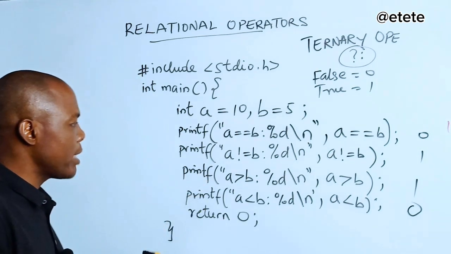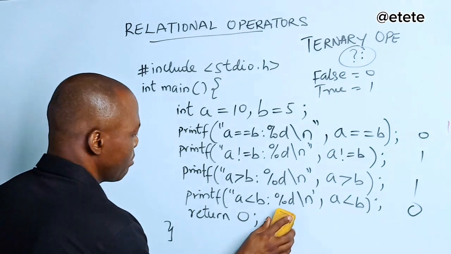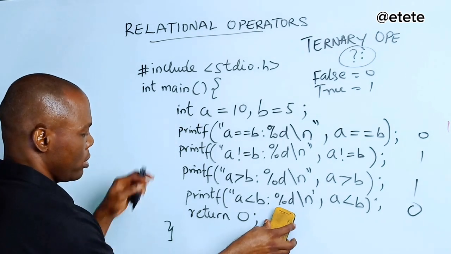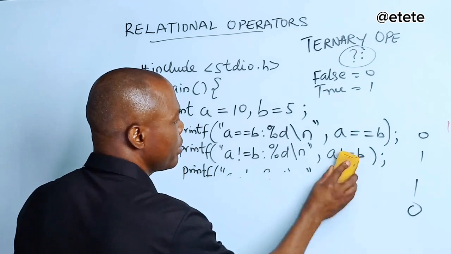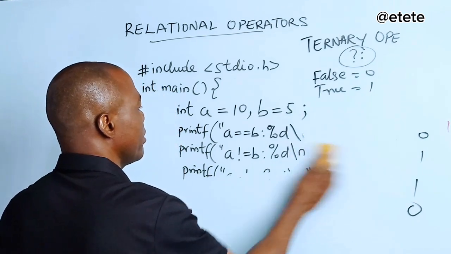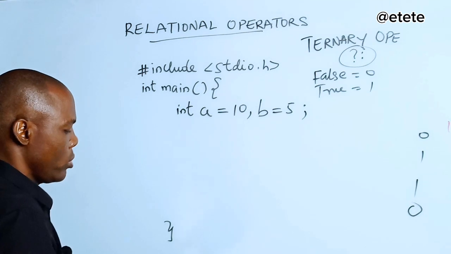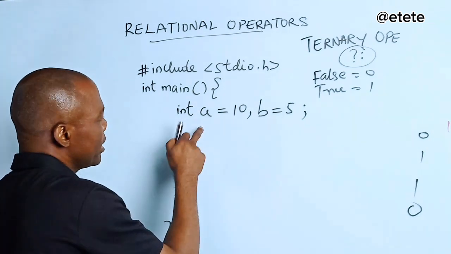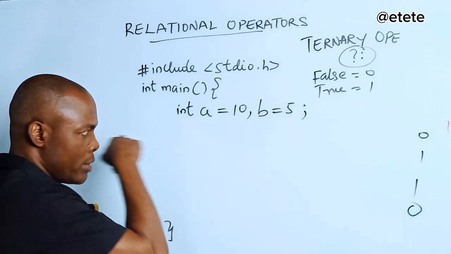So to achieve that, let me wipe this off because you will not be able to see down again. Let me just wipe this off and write that part. So I'll do this. I'll say int a, assign 10 to a, assign 5 to b.